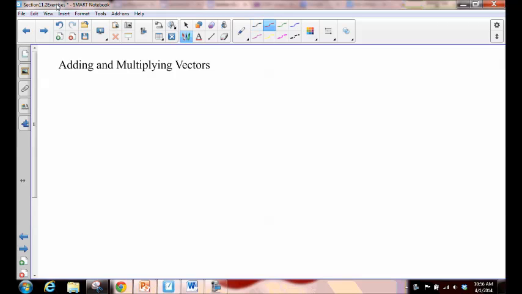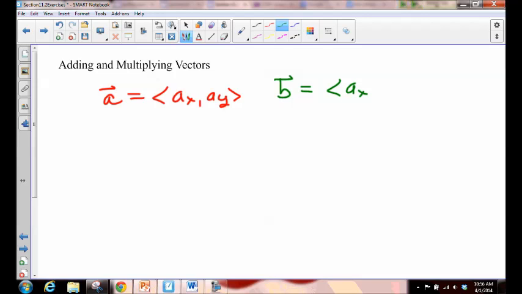So I'm just going to make some vectors here that I'm going to write in component form. A is going to have components ax and ay, and B is going to have components bx and by. And then what I really want to do is find some new vector c, which is going to be equal to a plus b.